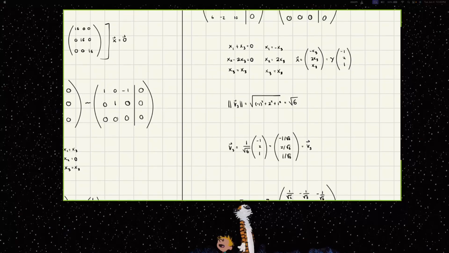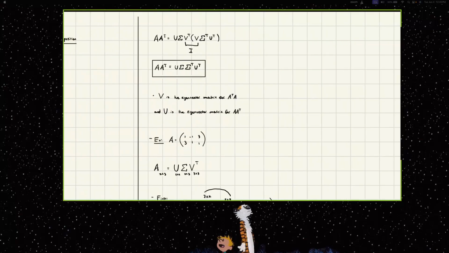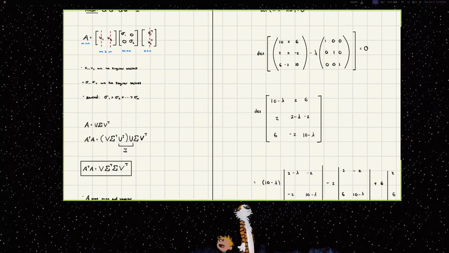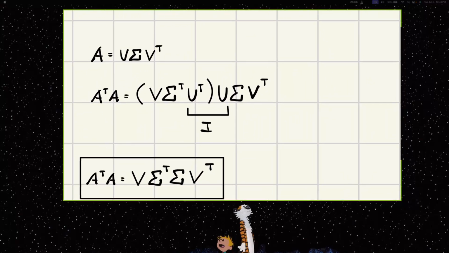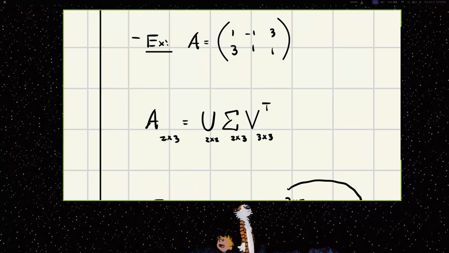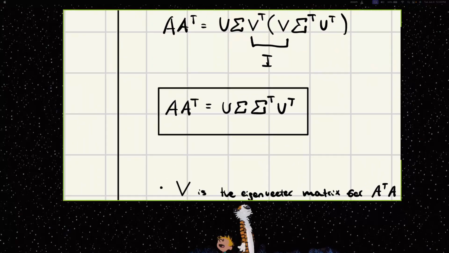And the last comment I'll say is that you can do this either way. I decided to do A transpose A, so I was in this realm. But you can do A A transpose and find its eigenvalues. In this case, it might not have mattered, but there might be a system where you're asked to find the singular value decomposition, and you think it might be easier computationally to find the eigenvalues of A A transpose.